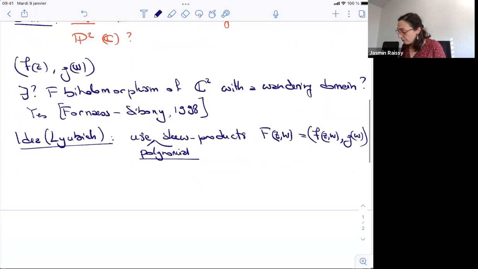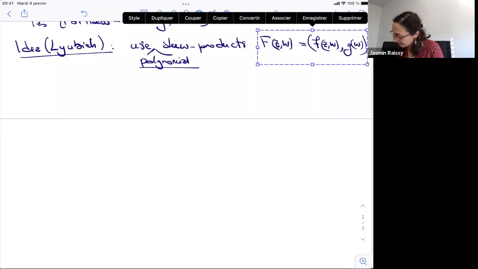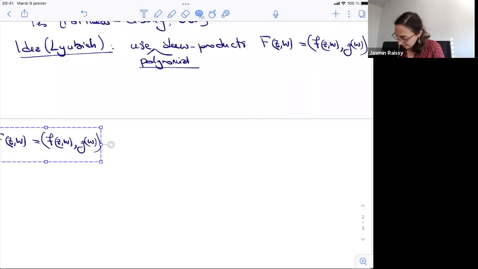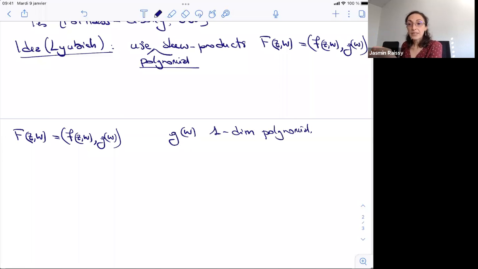Well, if you use a skew product like this, what's happening? Let me be technological. Okay, so I didn't have to write it down again. So here, what's happening is that if you take g of w, which is your one-dimensional polynomial, then you can ask yourself, okay, what happens to its Fatou components?